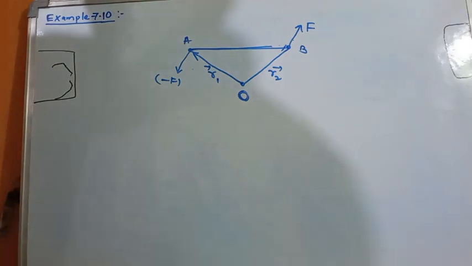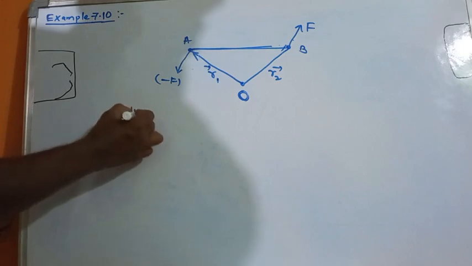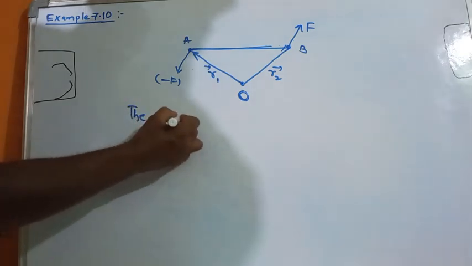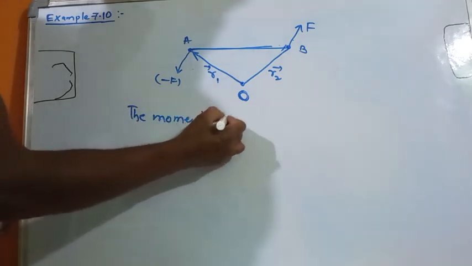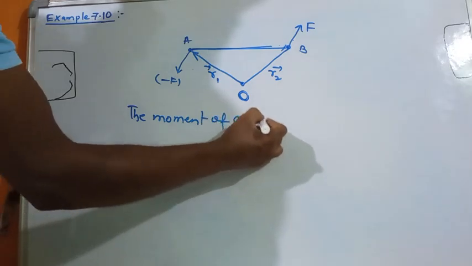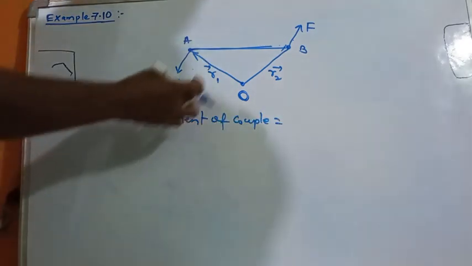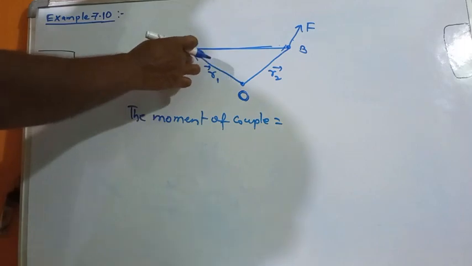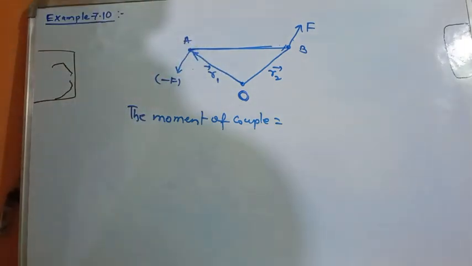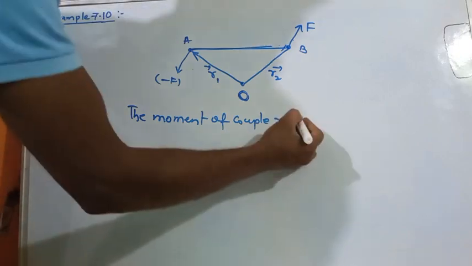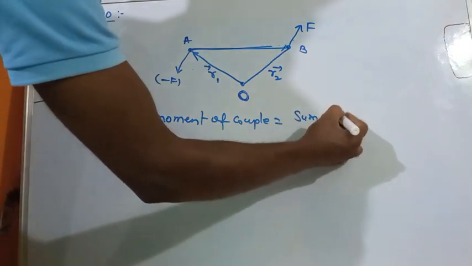Okay, so the moment of the couple is equal to the sum of the moments of the forces at A and at B. So the sum of the moments of these two forces.